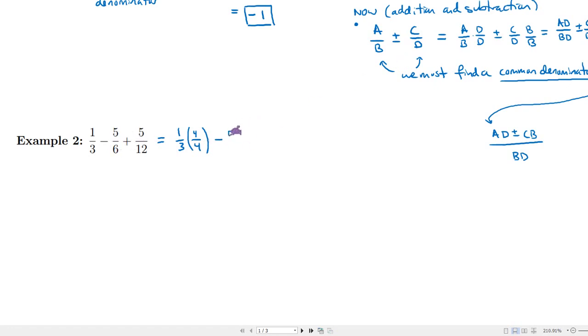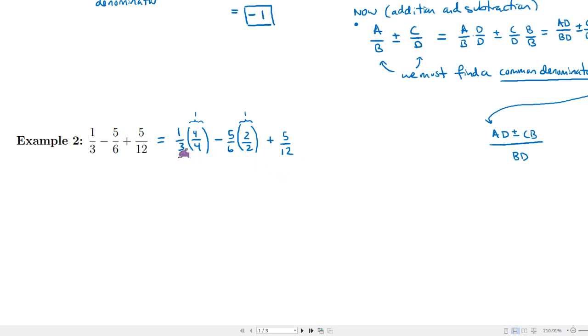For this one, we want a 12, so we're going to have to multiply the 6 by 2. So I have to multiply the numerator by 2 because I'm multiplying by 1 here, right? It's perfectly legitimate to take something and multiply by 1. You're not affecting it. We're cleverly rewriting 1 in a way that's going to be useful for us. And then plus 5 over 12.